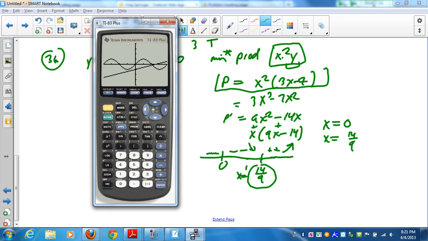So it looks like all this area right here. I don't know if I can draw this or not. Let's see, what can we do?